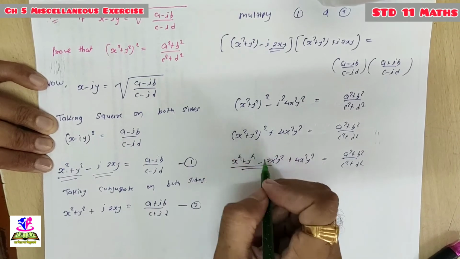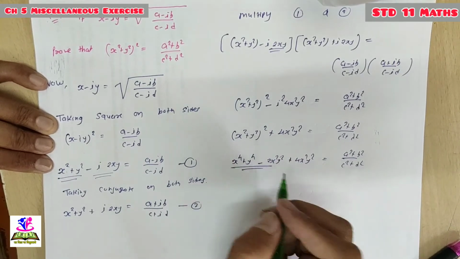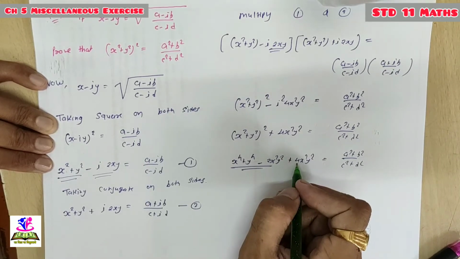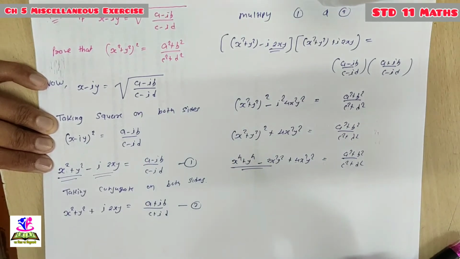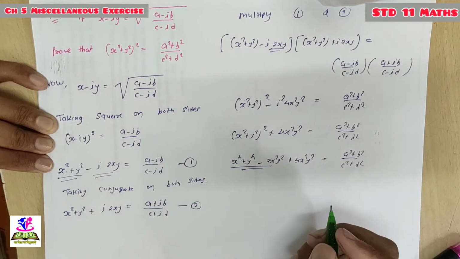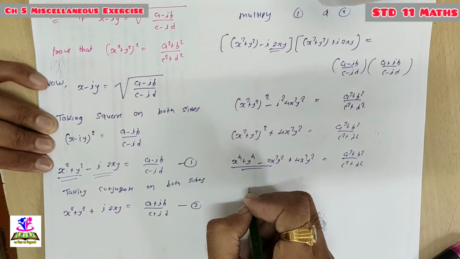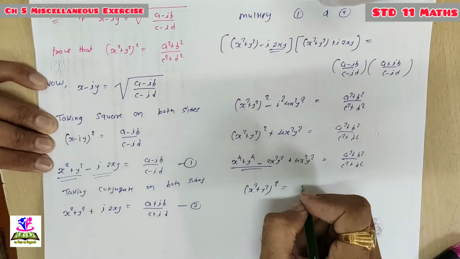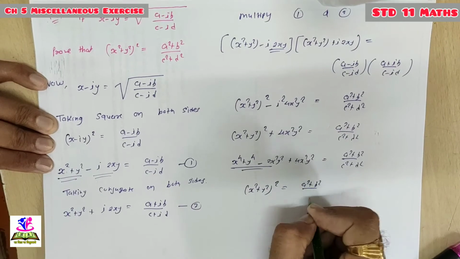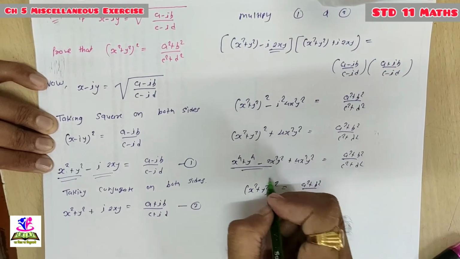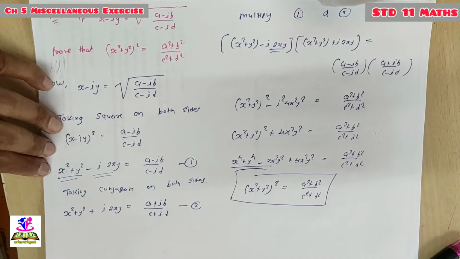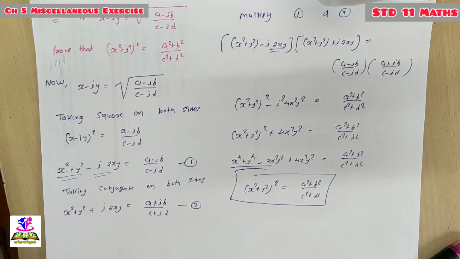So this x square plus y square becomes (x minus y) whole square, or plus, again we are adding plus 4x square y square. So this is nothing but the required identity, which is (x square plus y square) whole square equal to (a square plus b square) upon (c square plus d square). Done. So this is how you can prove your result.